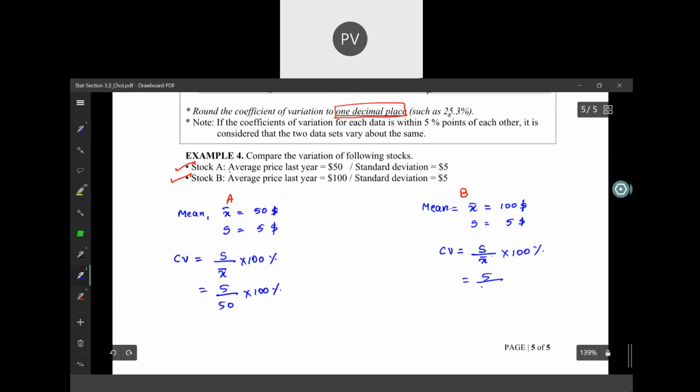For group B, 5 divided by 100 into 100%. So this will be 10% and this will be 5%.